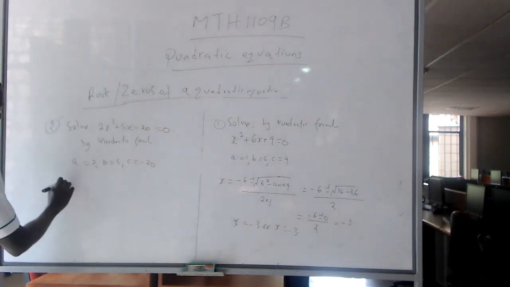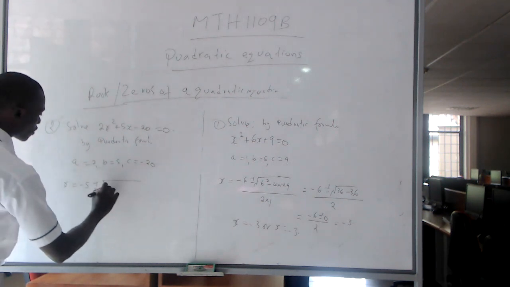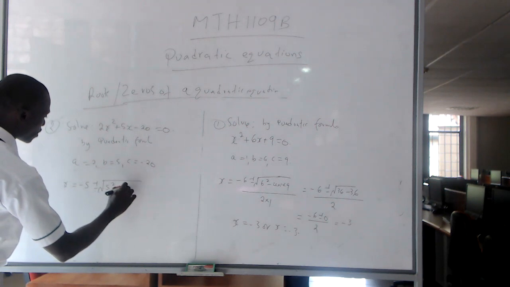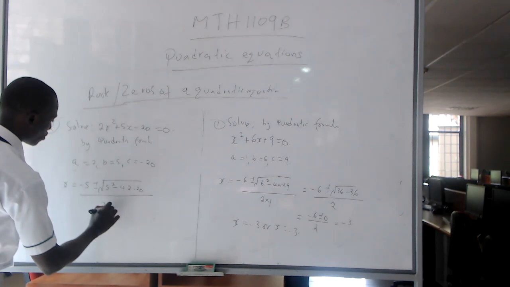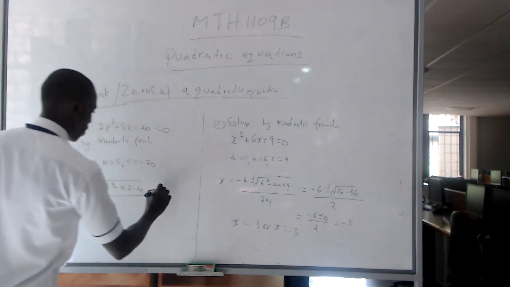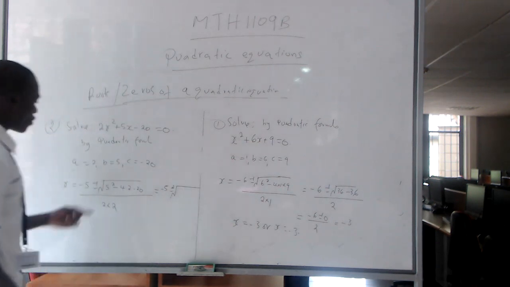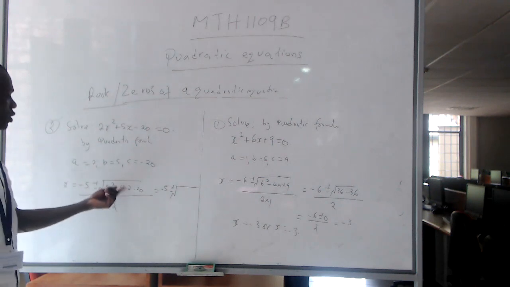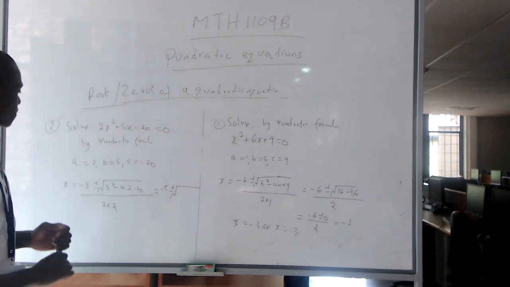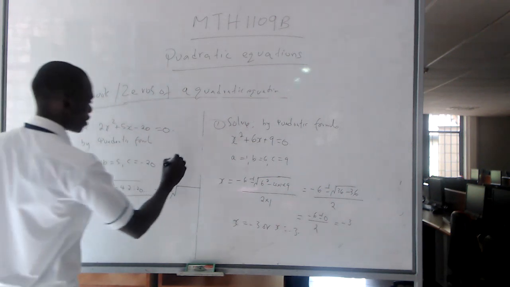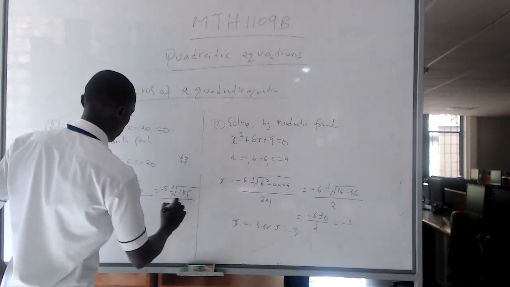So this means x is going to be minus 5 plus or minus square root of 5 squared minus 4 times 2 times minus 20, all of that divided by 2 times 2, which gives minus 5 plus or minus square root of, so 5 squared is 25, 4 times 2 is 8, 8 times minus 20 is 160. So 160 plus 25 gives you 185, all this divided by 4.